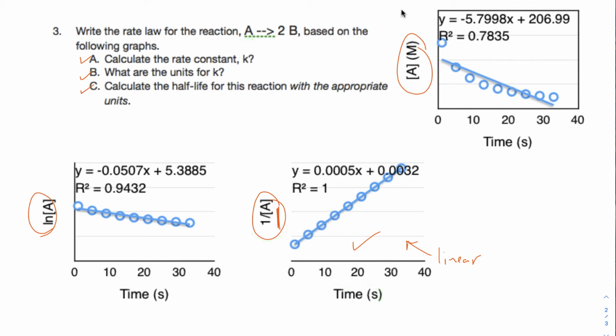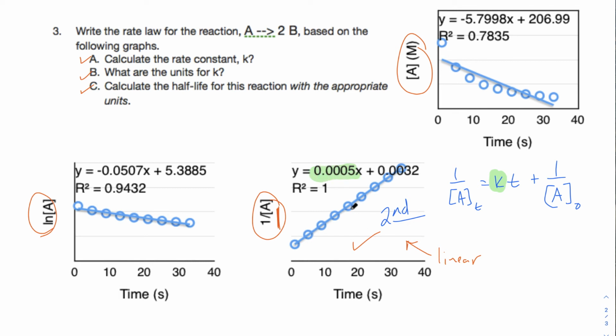What does that mean? Well, if you look through your relationships, you find that this is a 2nd order function. And the 2nd order function looks something like this. So from a 2nd order equation here, there's 2 data points. We have K, and K is that value there.